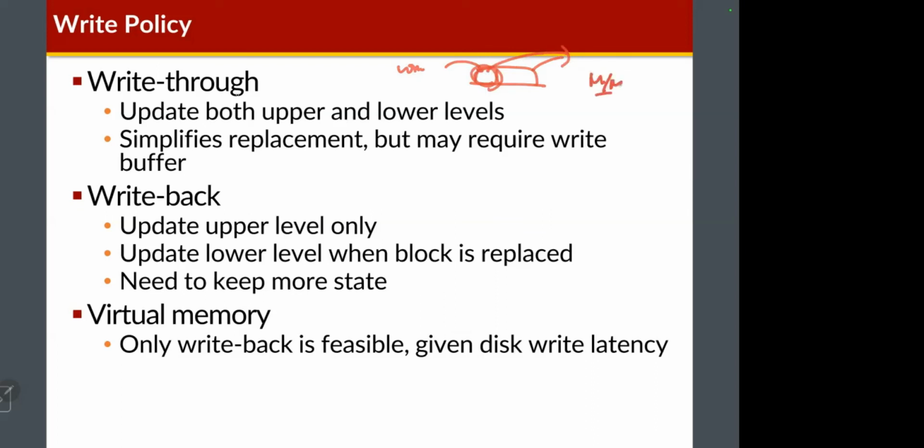But I explained that when the write through policy is applied, the store instruction requires more cycles because this update should be reflected to main memory, and main memory is very slow. So we do not implement write through like this; we can apply a write buffer.